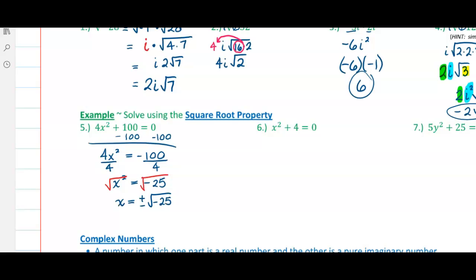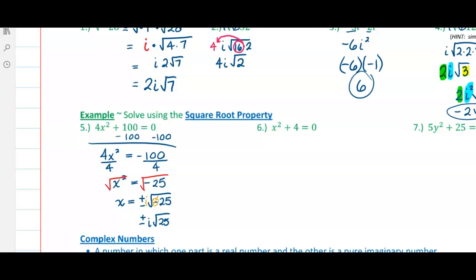So x equals plus or minus radical negative 25. But remember, this negative right here can come out and become an i. So what I really have is plus or minus i radical 25.